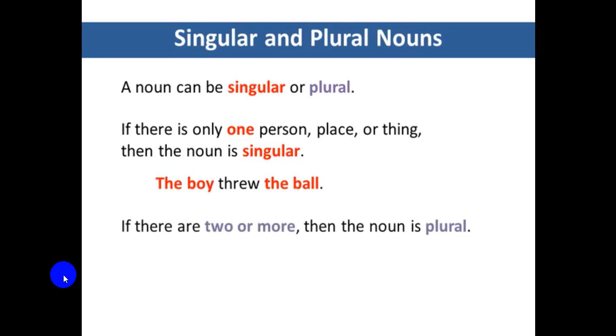If the sentence is about two or more people, places, or things, then the noun is plural. How can you make this sentence plural? That's right. Most nouns become plural by adding an S at the end. The boys threw the balls.